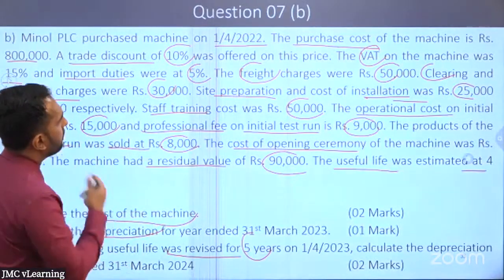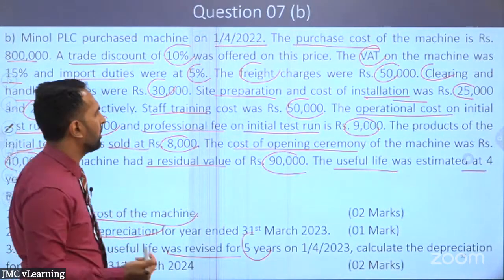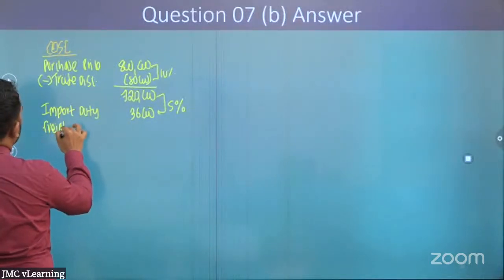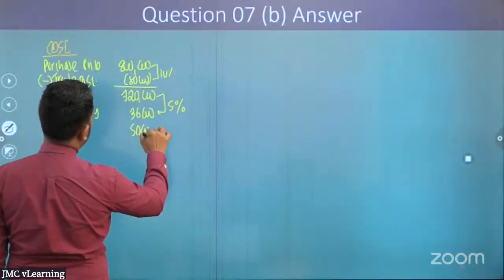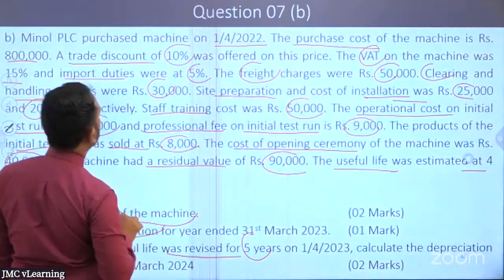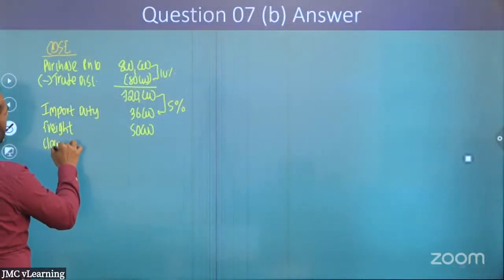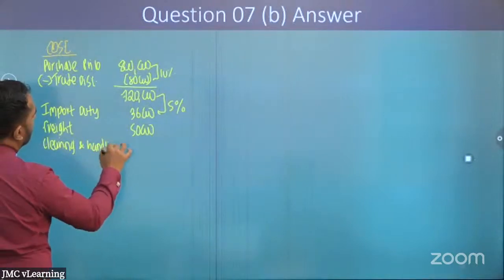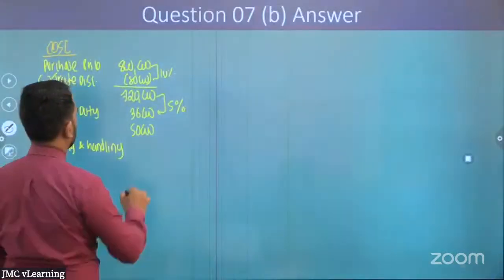Then freight charge. Freight means transportation cost. So that is something that you have to add, no? Without freight charge, you cannot use it. Freight 50,000. Then clearing and handling 30,000. Without clearing and handling, you cannot get the asset. So clearing and handling is a capital cost.